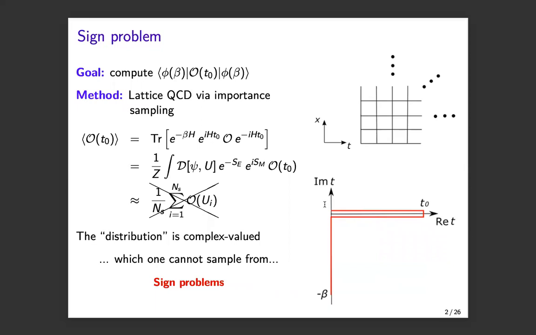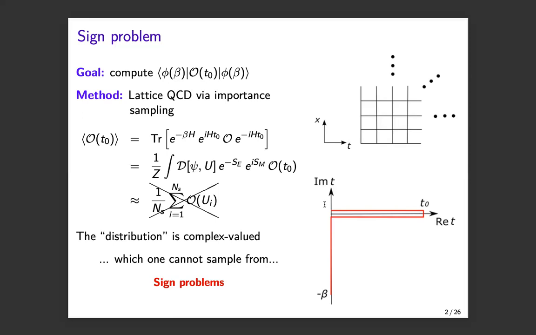First, you discretize your space and time in a classical lattice QCD calculation: you have a grid, with quark fields on the sites and gauge fields on the links. Then you write down the path integral for lattice QCD, and by importance sampling, using a distribution with the Euclidean action and also the Minkowski action, you try to obtain expectation values, say at real time t, but at some finite temperature beta.